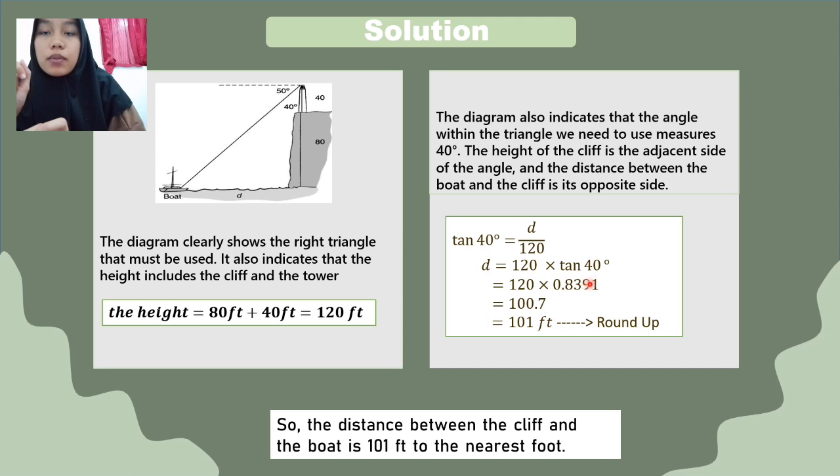Because tan 40 degrees is 0.8391, we have D equals 100.7, and to the nearest foot is 101 feet. So the distance between the cliff and the boat is 101 feet to the nearest foot.